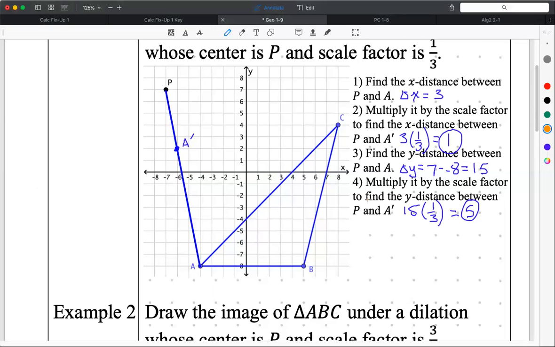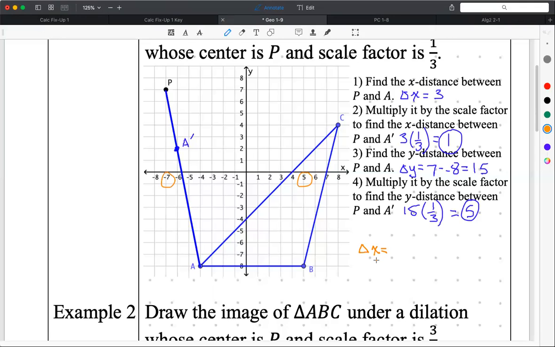I need to find the total change in X, the total change in Y. So how do I do that? Well, B's X coordinate is 5. Again, P always has the same X coordinate, it's -7. Can someone calculate the total change in X with a quiet raised hand? What's the change in X to get from -7 to 5?